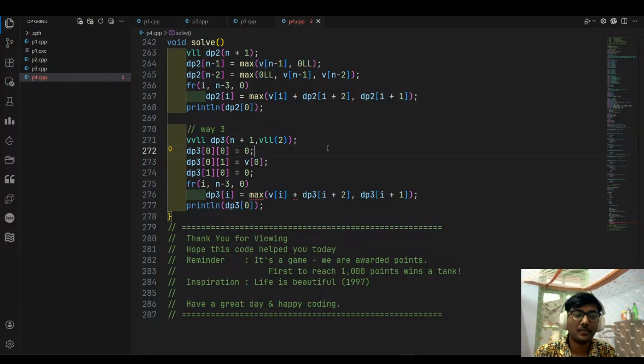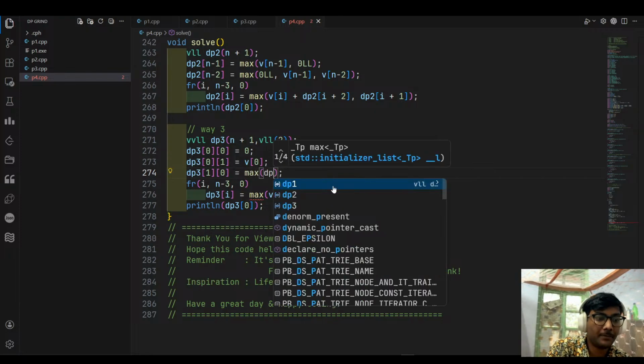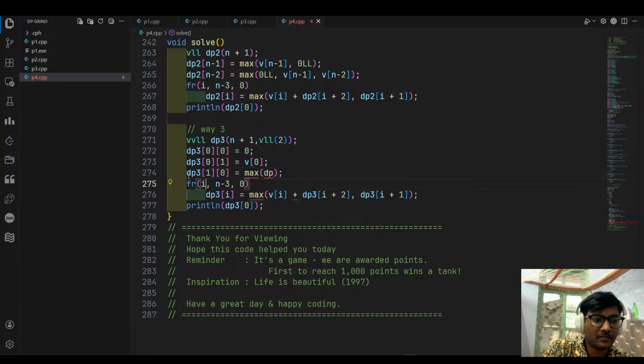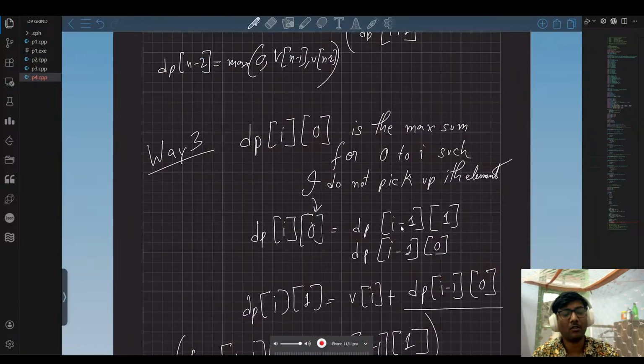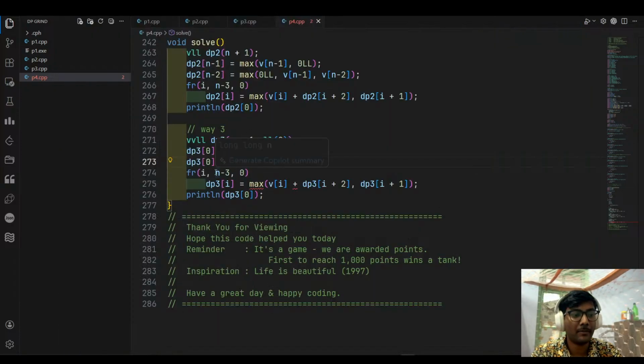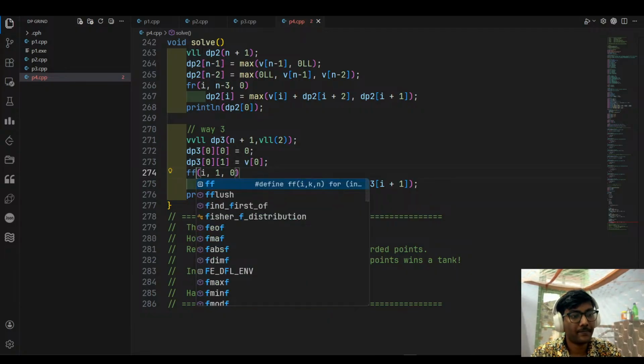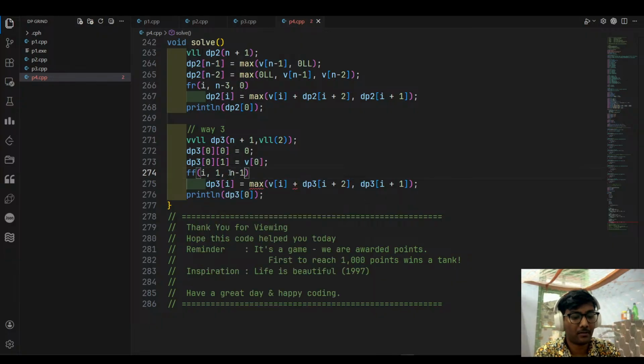Now, for the first element, if I've decided to not pick up, the answer can be max of dp of... I do not need to mention this one because anyway I'm not dependent on two cases, only i minus 1. So I can maybe start directly from 1 and go up to n minus 1.